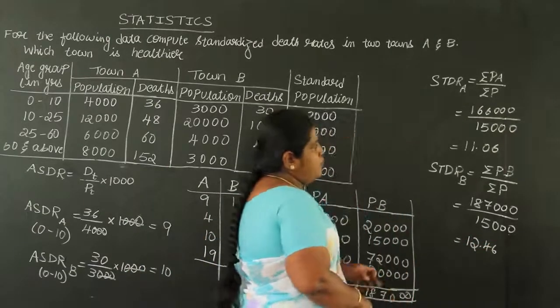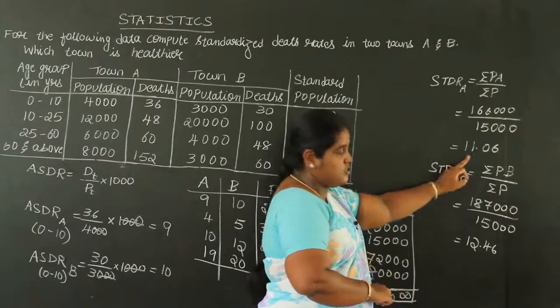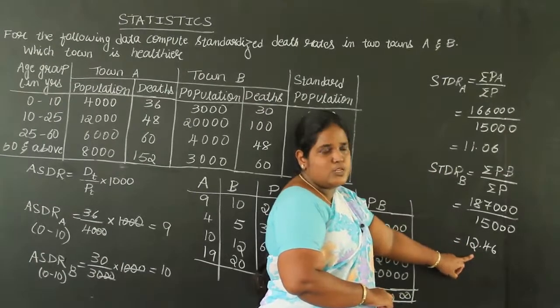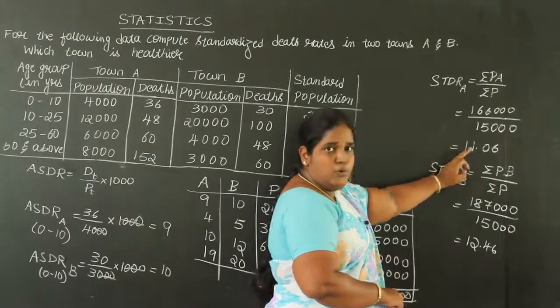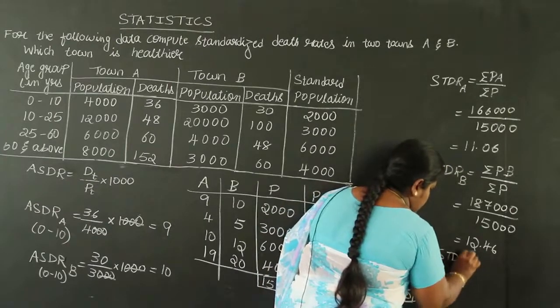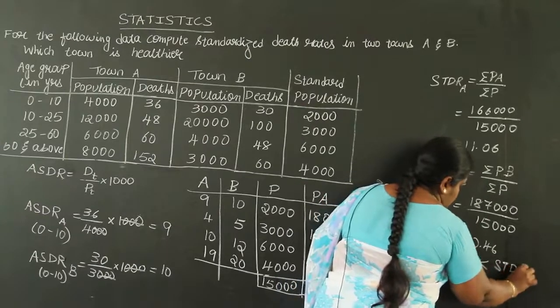Now compare both the values. STDR of A is 11.06. STDR of B is 12.46. 11.06 is lesser. So we'll write it as STDR of A less than STDR of B.